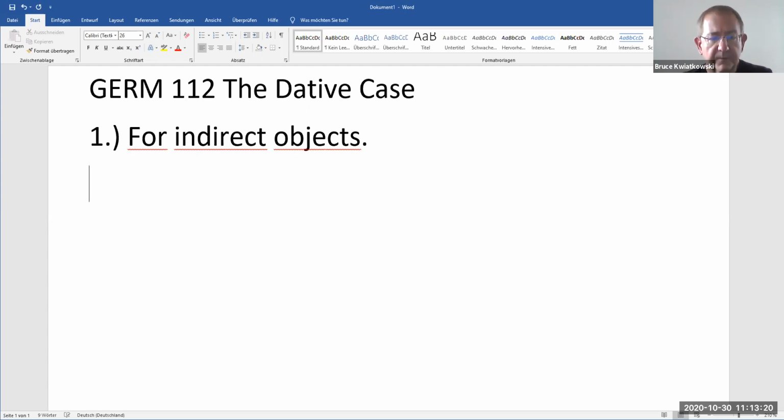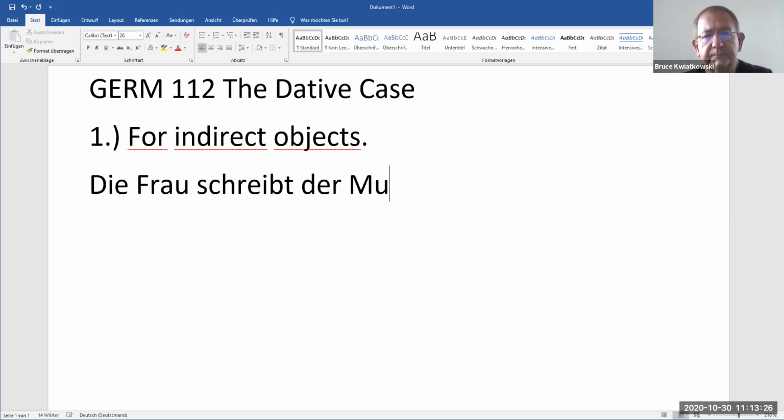So for example, die Frau schreibt der Mutter einen Brief. So in this sentence, die Frau is the subject because she's writing. Einen Brief is the direct object because that's the thing being written. But the letter's being written to the mother, so it becomes der Mutter. Okay?